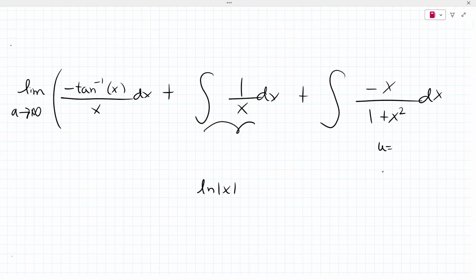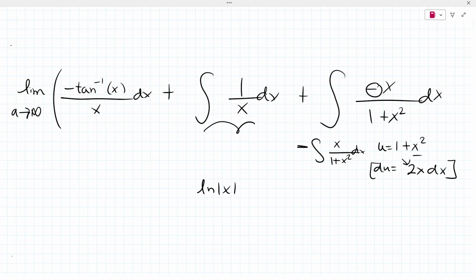We'd use u substitution, right? And then my du is going to be the derivative of 1 is 0, the derivative of x squared is 2x dx. And well, you have a minus here. Let's take that out. So that's going to be a minus. And then we don't need this 2 here, so we have to get rid of it by multiplying both sides by 1/2, right?